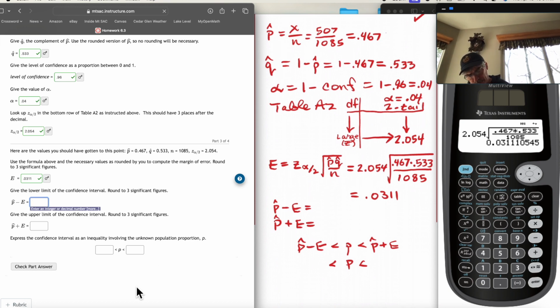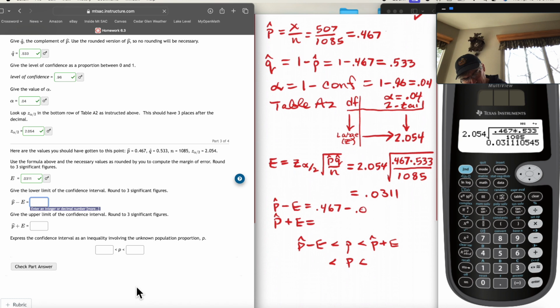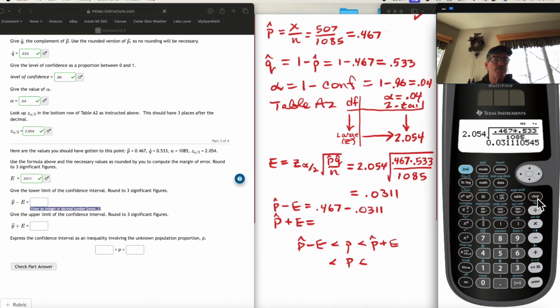Our p-hat value is 0.467 minus 0.0311, and there we get 0.4359, which we're going to round again to 3 significant figures, 0.436.